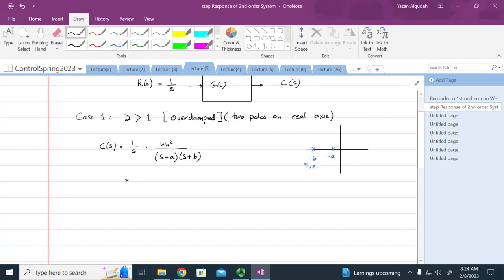Similar to what we've done when we calculated the output, we're going to do partial fraction expansion.